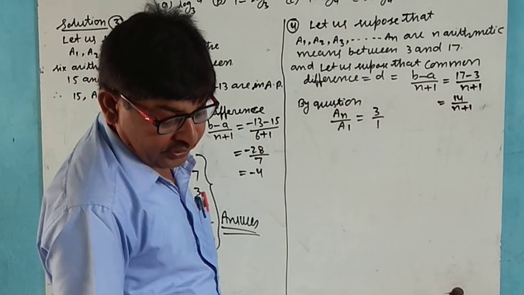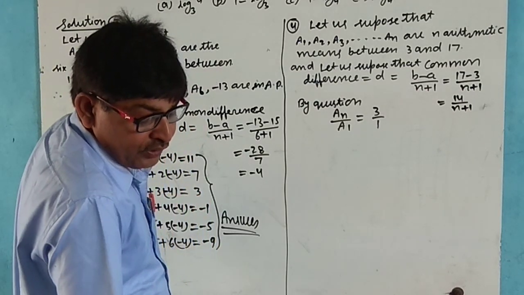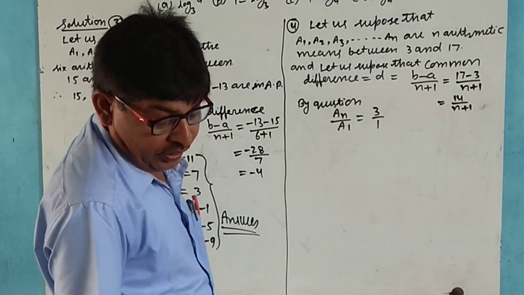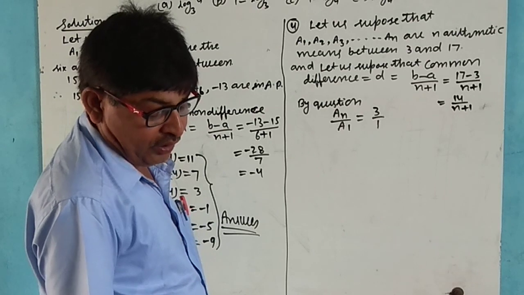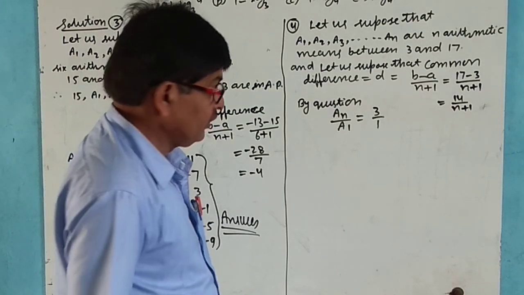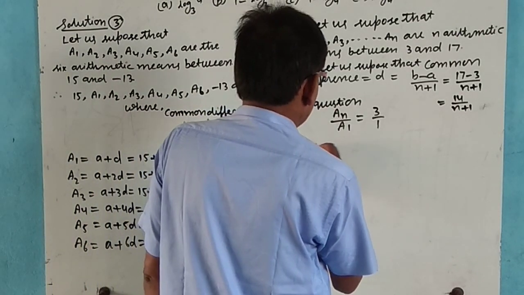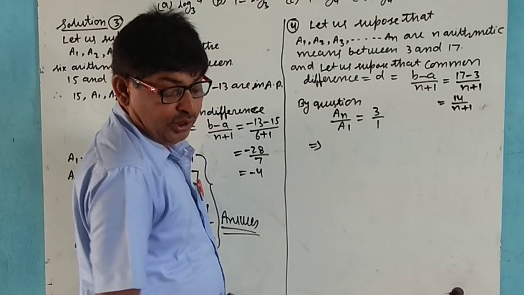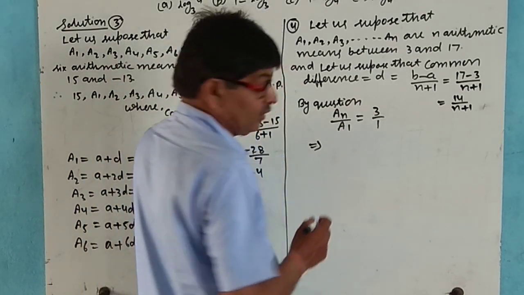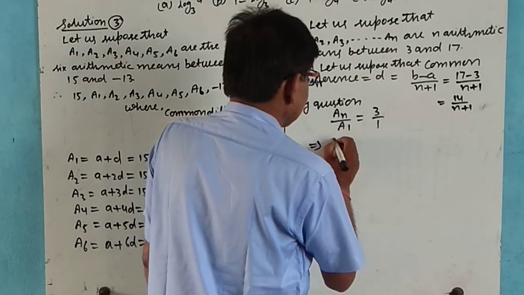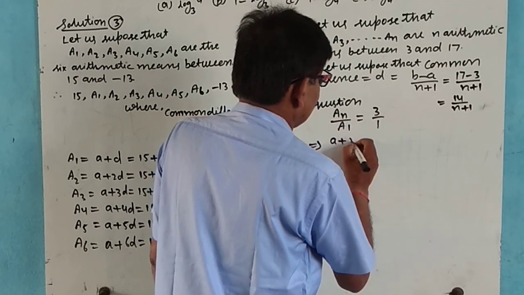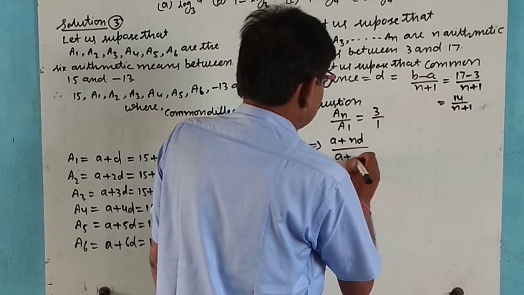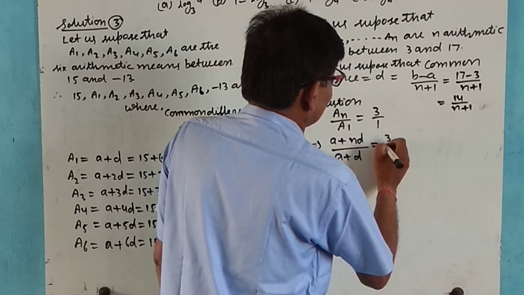In this case, we put An equal to A plus nD, so An equal to A plus nD, and A plus nD divided by A plus D equal to 3 by 1.